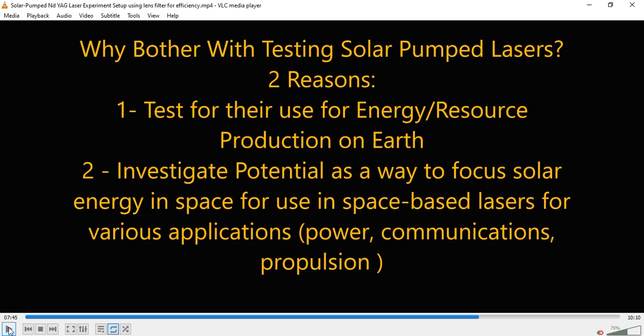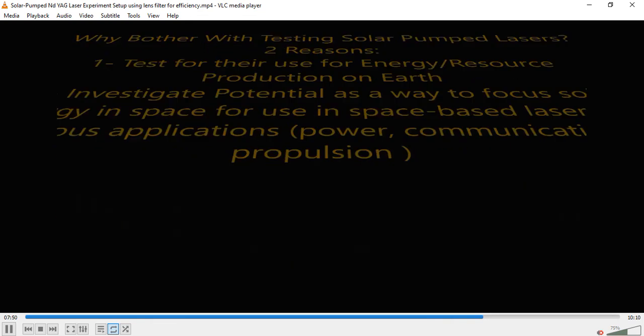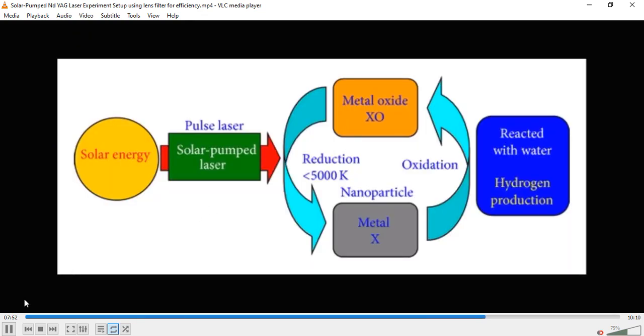What do I mean? Well, the main energy resource production which a solar-pumped laser system would be concerned with is basically the reduction and oxidation cycles of metal oxides, because some metals, magnesium for instance, magnesium being the most common one used in this cycle, can be reacted with water, seawater, salt water, and can produce hydrogen.